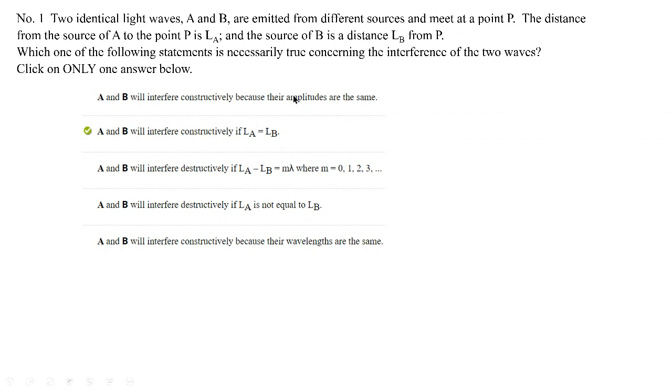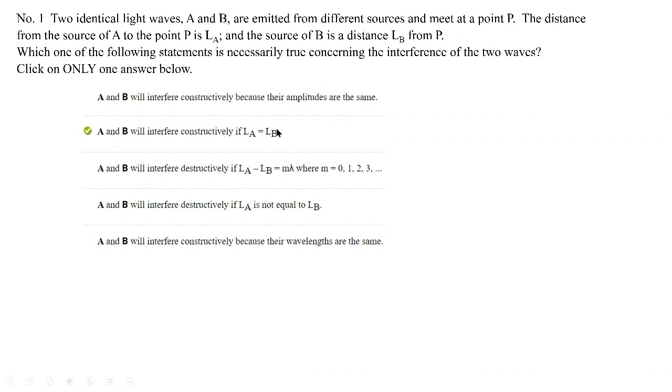It would be bright. So if it is said to interfere constructively, and we know the point is dark, it's saying things that are opposite. When you say you interfere, I expected light and now there's no light, you have interfered. So it's not true. And then the second statement is, they will interfere constructively if LA equal to LB.